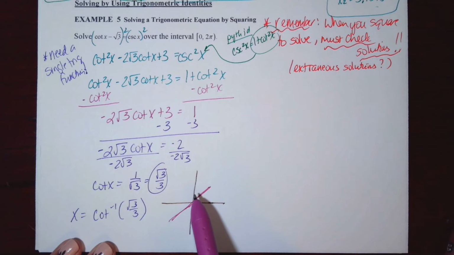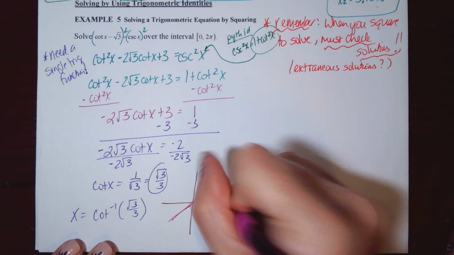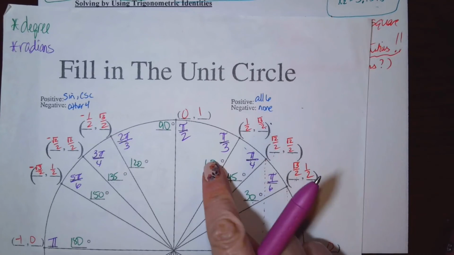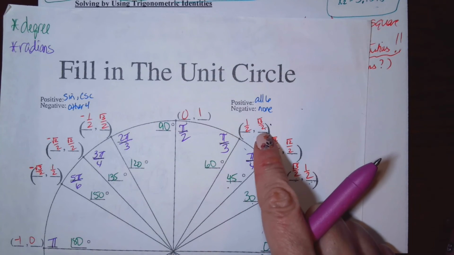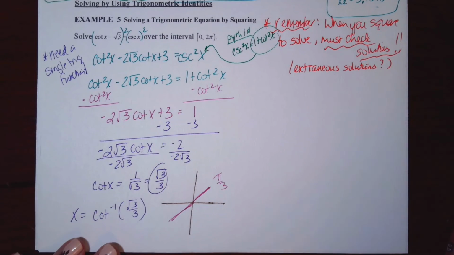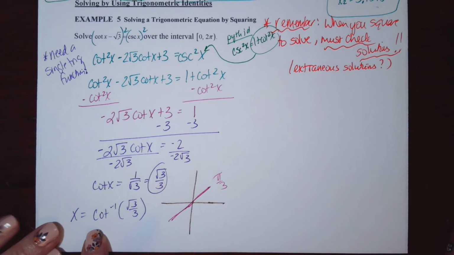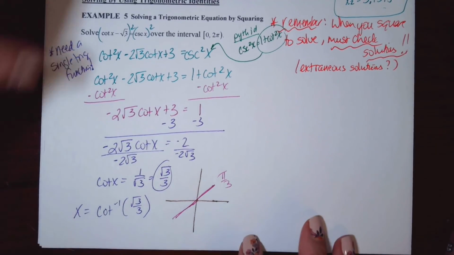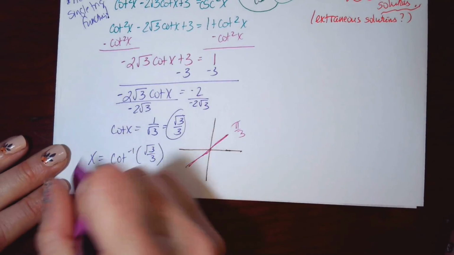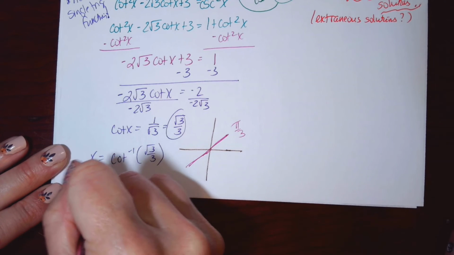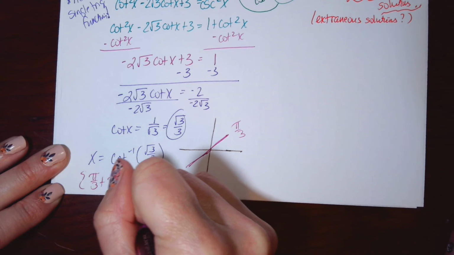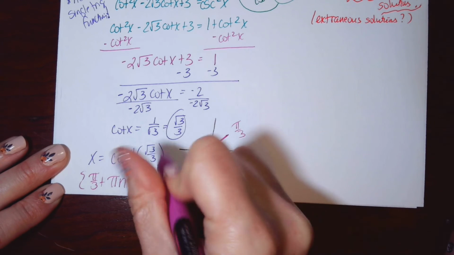And it's positive square root 3 over 3 at my pi over 3 value. Cotangent is cosine over sine, so the sine goes to the denominator and I have to rationalize, so at pi over 3. And cotangent is periodic over pi, so that makes life a little easier. So all values of x are pi over 3 plus pi n, where n is any integer.